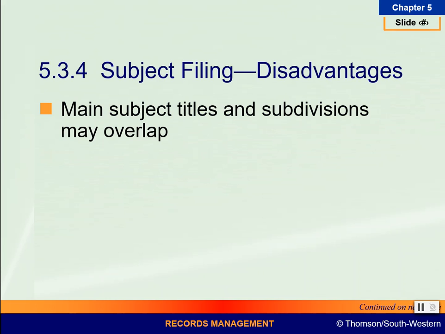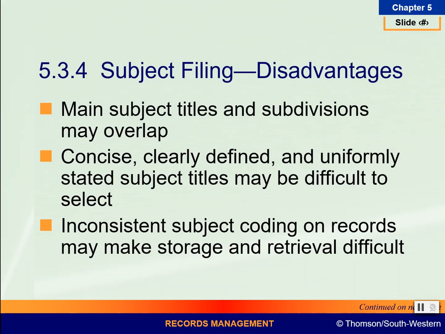The last part is the disadvantages of subject filing. The main subject title and subdivision may overlap, because we may have the same subdivision for certain subjects. A concise, clearly defined, and uniformly stated subject title may be difficult to select.